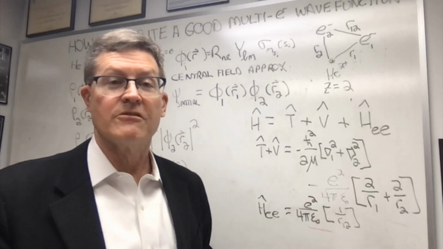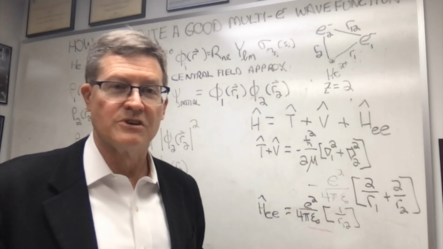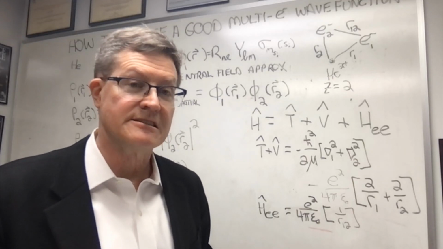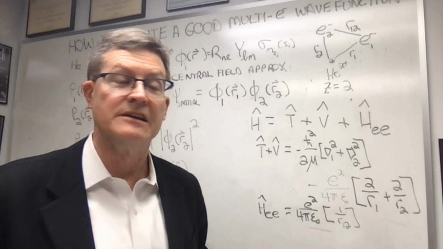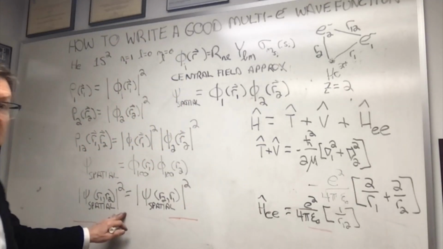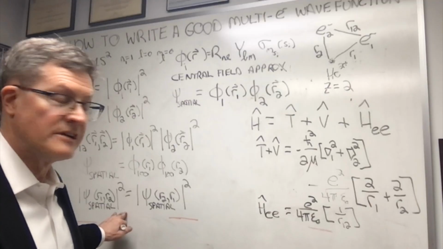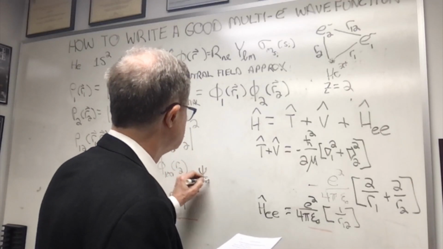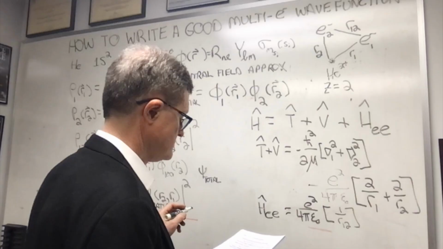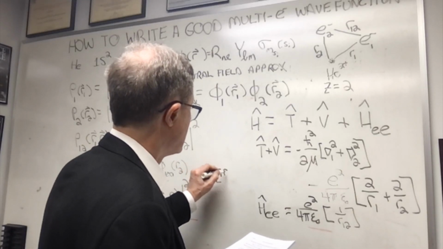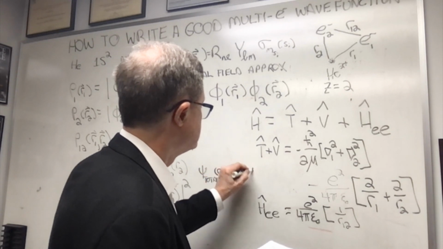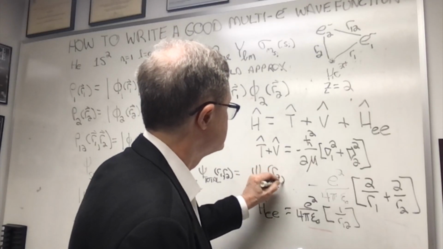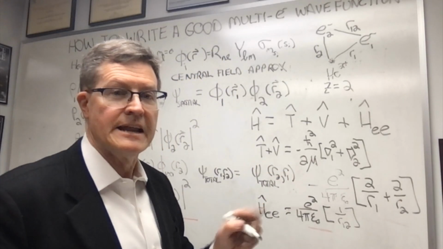However, a very important rule of quantum mechanics, just from the structure of quantum mechanics, is that a good multi-electron wave function must be antisymmetric with respect to electron interchange. So while the distribution does not change on interchange of electrons, when we take the total wave function and interchange which one comes first, which one comes second, it has to be antisymmetric.